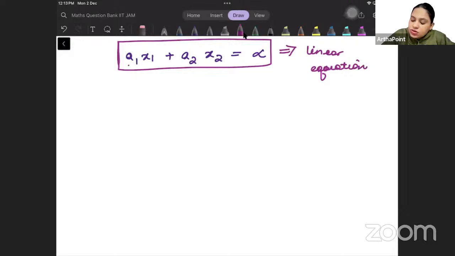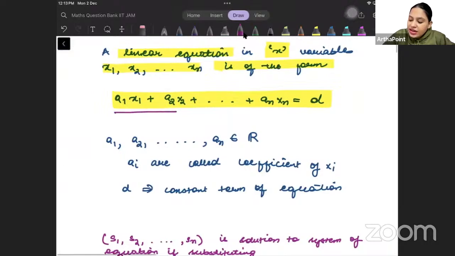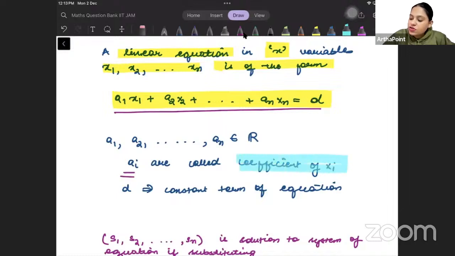Now these a1, a2, etc., are called the coefficients of this linear equation. So whether I am talking about the n variable case or the two variable case, these ai's are called the coefficients of xi's, right?